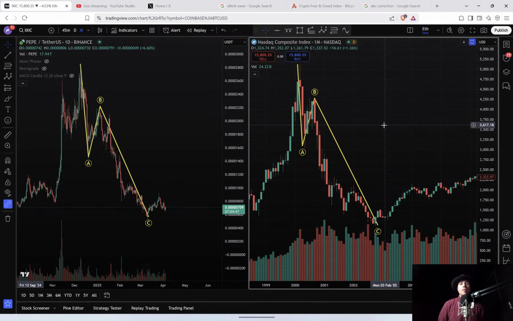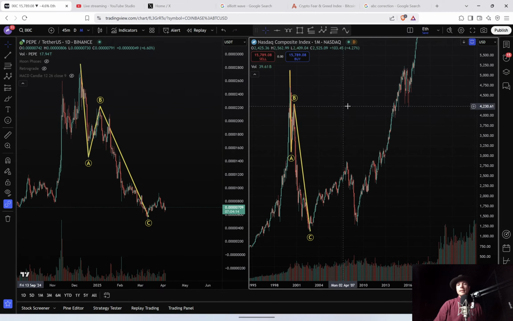Where the stock market sees a move of 5% over a year or whatever, with cryptocurrency you can make 45 times your money in a year. I've done it before. So the percentage gains are way bigger with cryptocurrency.